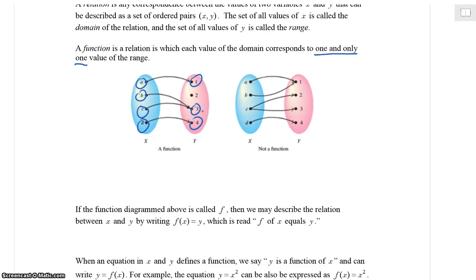We can represent that function as a set of ordered pairs. So if we call this function f, we could write f equals the set of ordered pairs (a, 1), (b, 3), (c, 3), (d, 4).